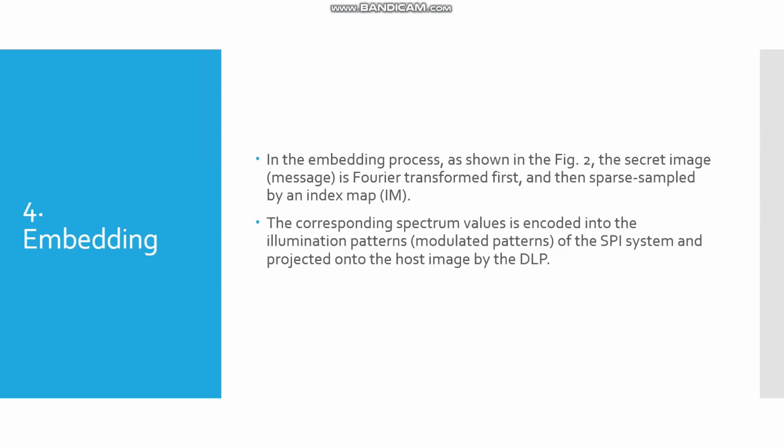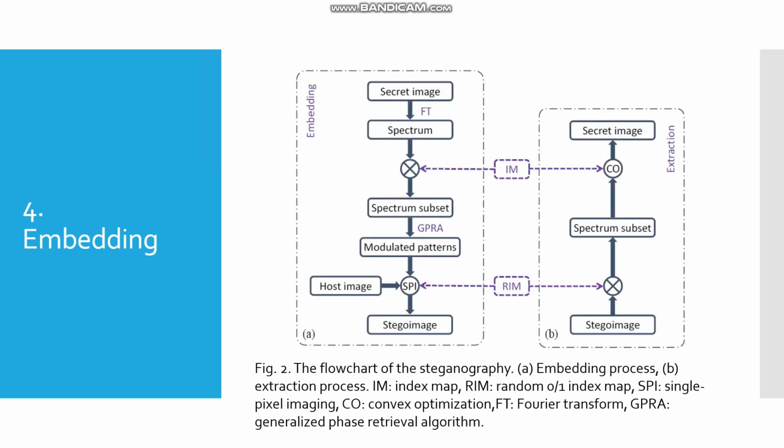Now we'll be talking about the actual embedding process. We will be compressing the secret image and converting it into Fourier transform fringes, and then it will be index mapped and restricted. I will be showing you the figure now. First there is a secret image, and its Fourier transform will generate a spectrum.